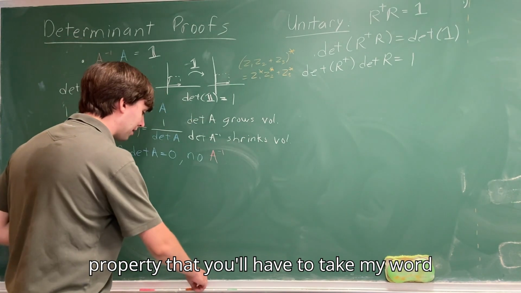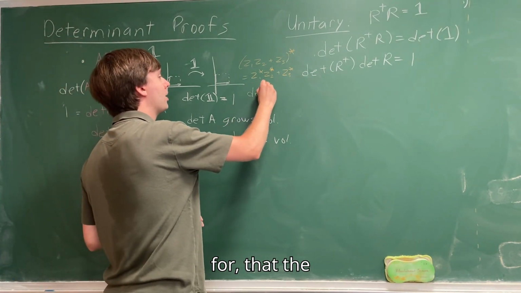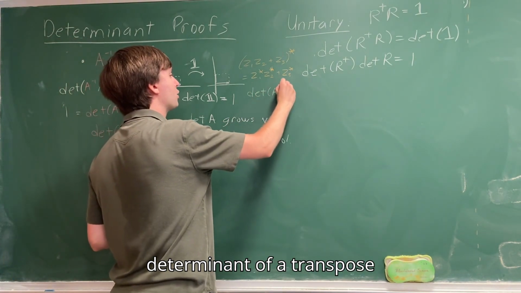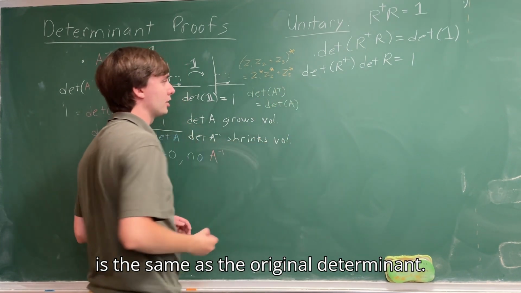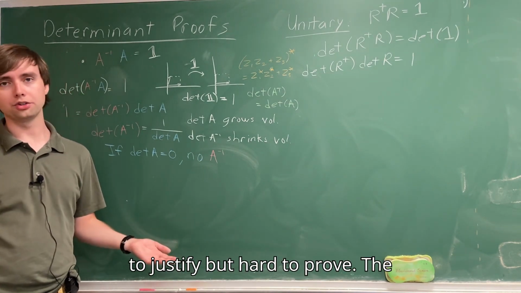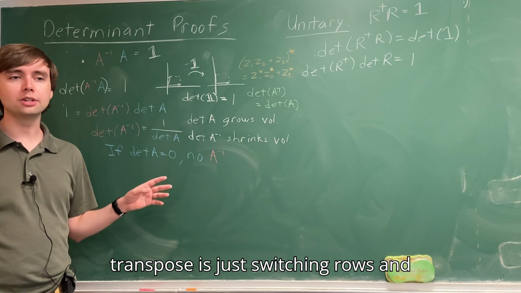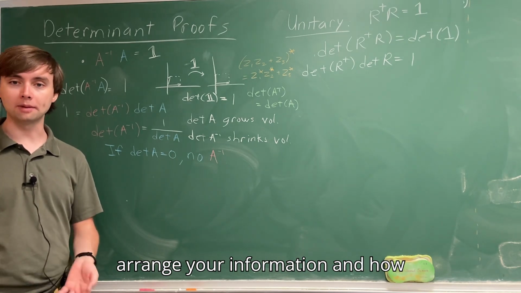And there's another property that you'll have to take my word for, that the determinant of a transpose is the same as the original determinant. This is one of those things that's easy to justify but hard to prove. The transpose is just switching rows and columns. It's just switching how you arrange your information.